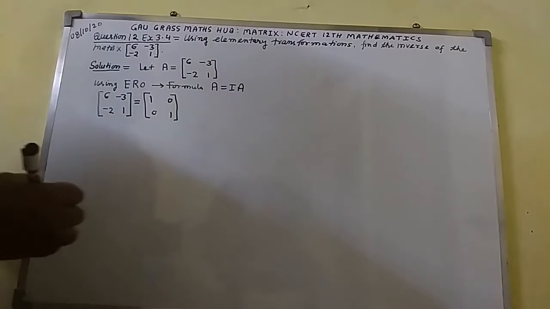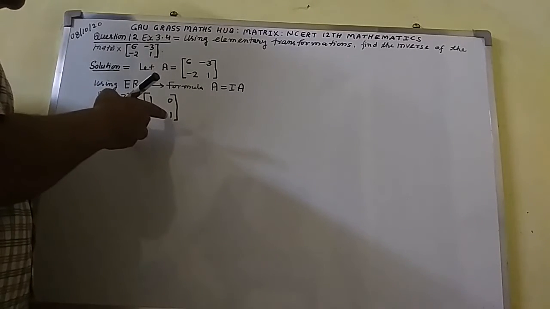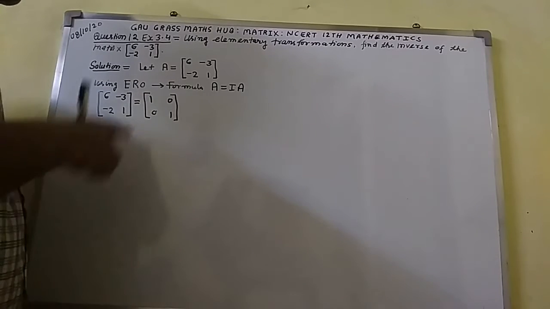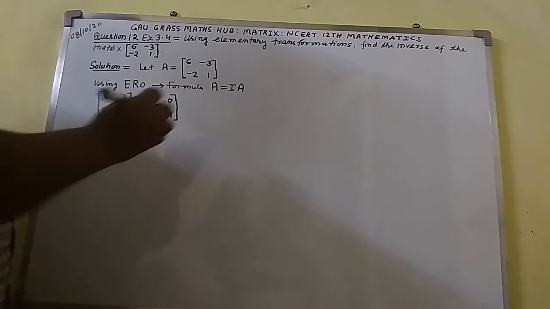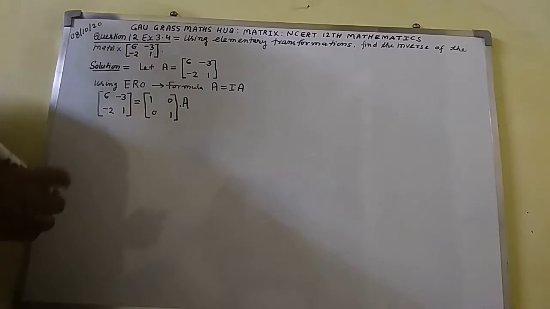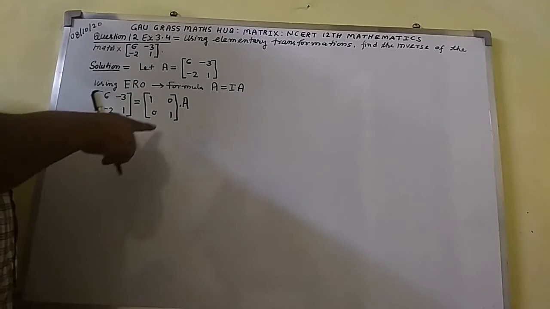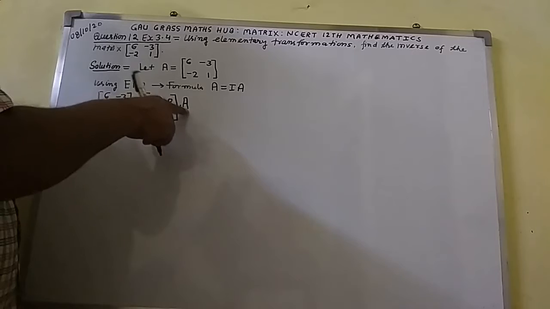You have to make sure that the elements in the principal diagonal of the identity matrix must be 1, 1. Then I shall write capital A as it is, the given matrix. Here you can see this is the given matrix, this is the identity matrix, this is the given matrix.